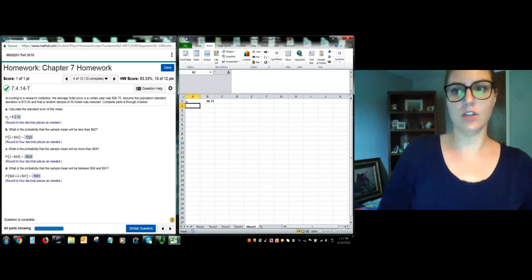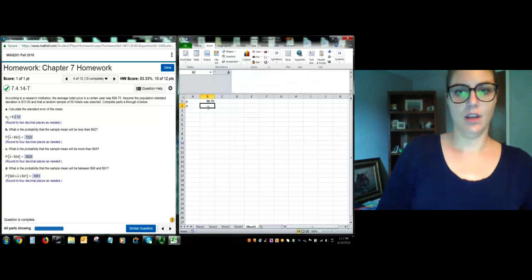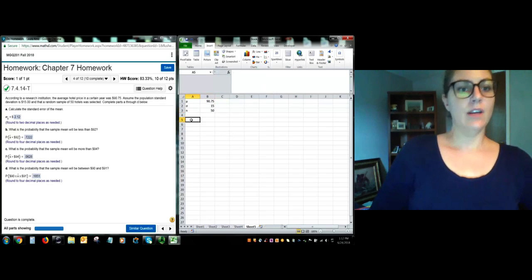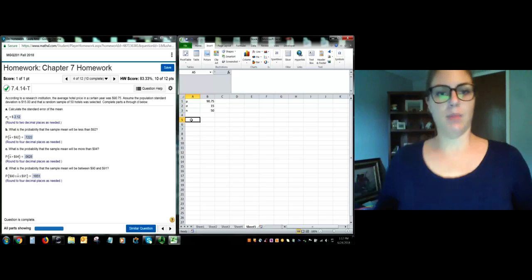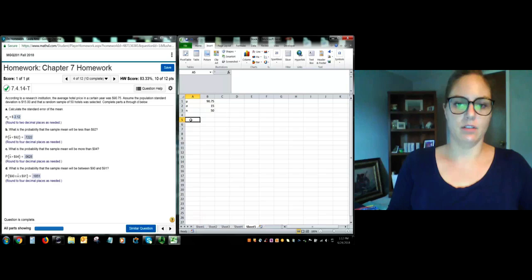And the standard deviation is, again, sigma, and that is telling us it's about $15. A random sample of 50 hotels was selected. Here they're actually not giving us the population size, so we are not going to have to apply the finite population correction factor, but it's looking like we need to definitely calculate some probabilities.